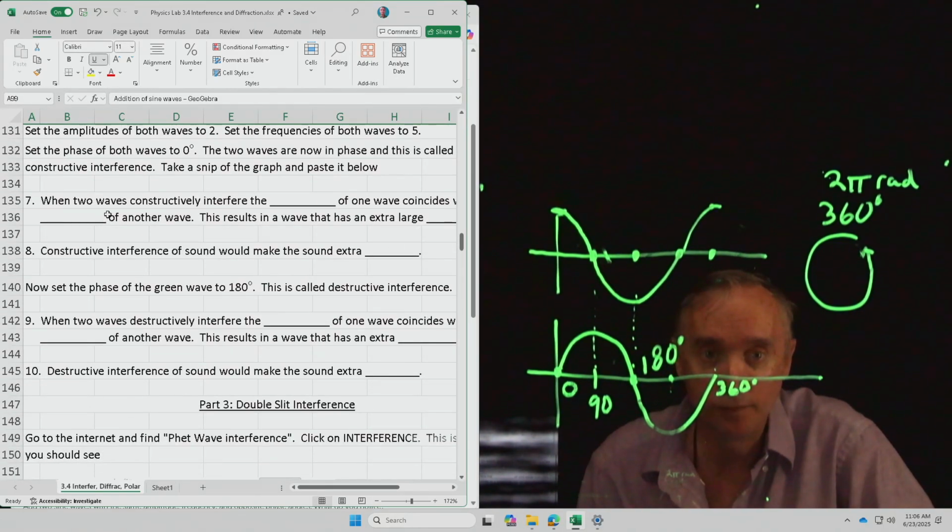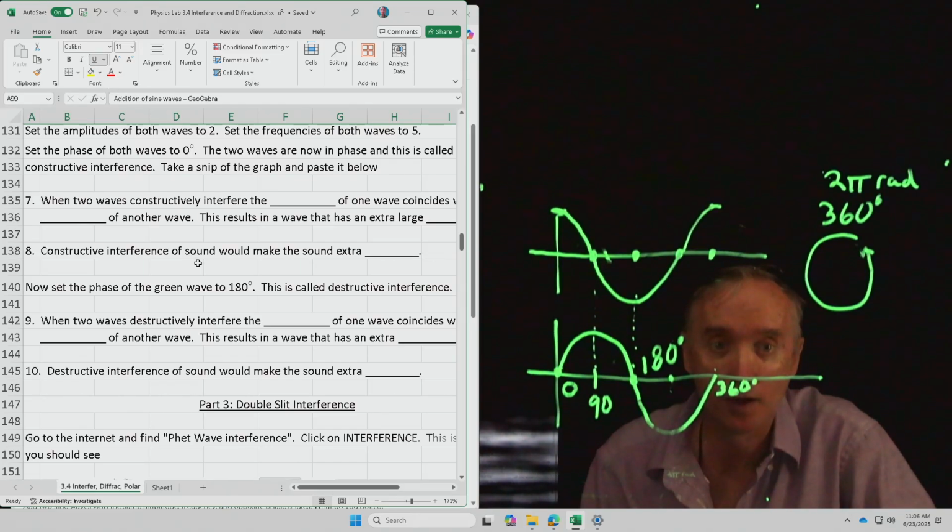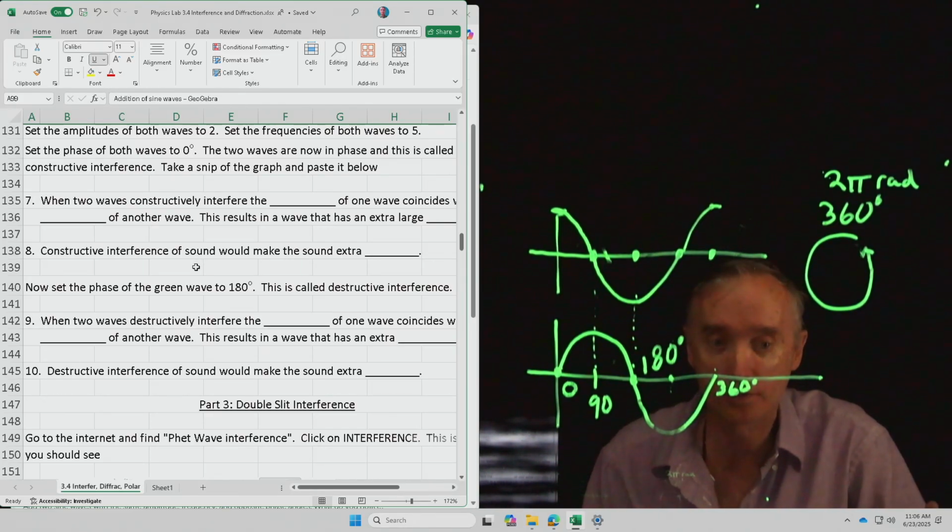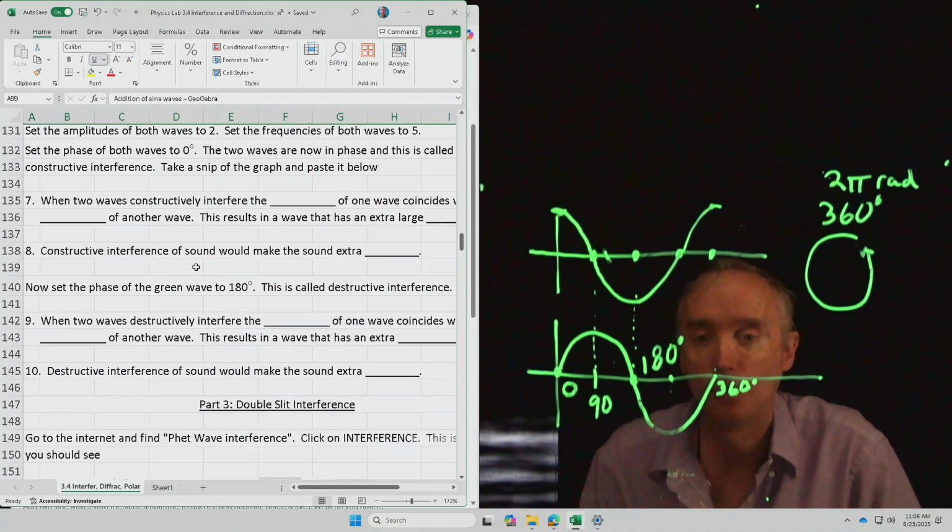When two waves are constructively interfering, fill in the blanks. And then constructive interference of a sound wave, so these could represent water waves. What about if it was a sound wave?